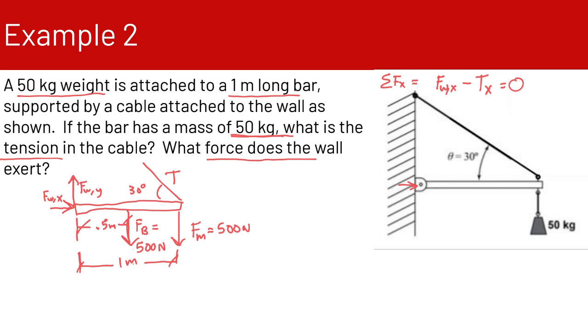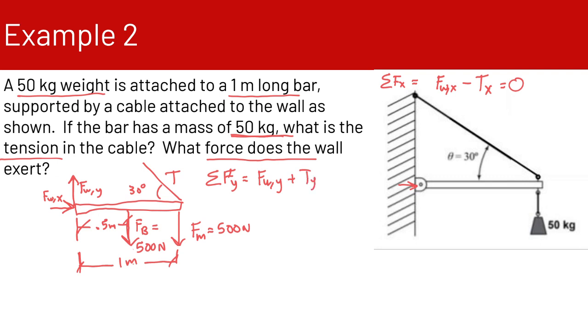And then we have the sum of forces in the y direction. So that has more forces. We have the force of the wall in the y direction, we have the force of tension in the y direction, and then we have the force of the bar and the force of the hanging mass. So sum of forces in the y direction is equal to the force of the wall in the y direction plus the tension force in the y direction.